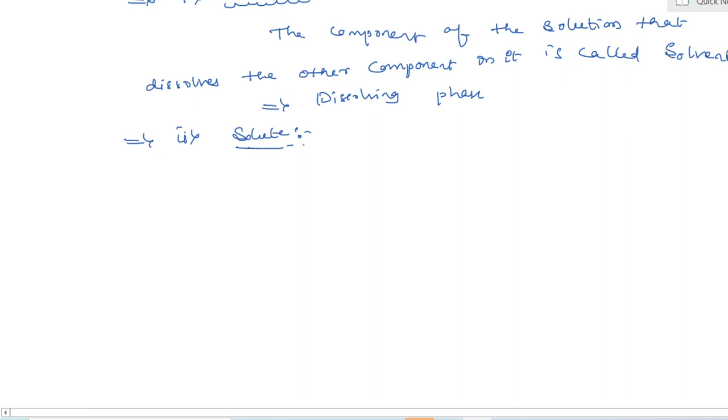The component of the solution that is dissolved in the solvent is called solute.